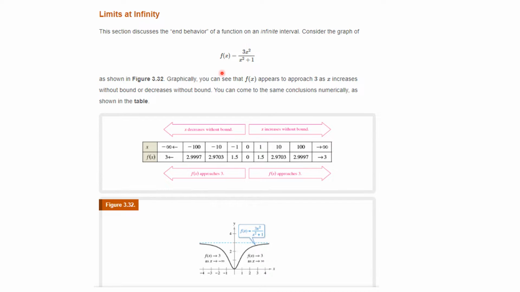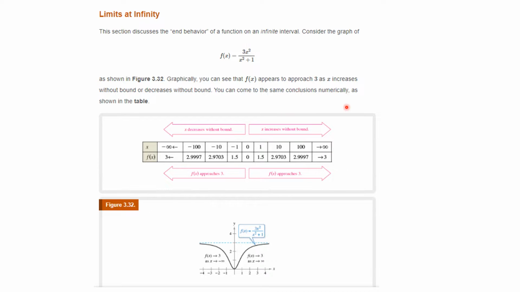To start out with, consider the graph of y equals f of x equals 3x squared over x squared plus 1, and the picture of it is shown down here. Graphically, you can see that f of x appears to approach 3 as x goes without bound, either in the positive direction or in the negative direction. Again, x is the thing that is increasing here.